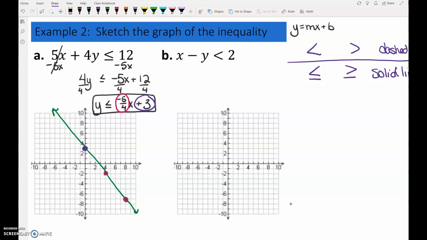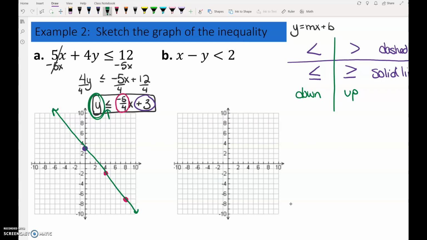Okay, now we have to talk about shading. Less than, I'm going to add this to this little chart over here. Less than, we think about shading down. Greater than, we think about shading up. This is less than. You basically want your y values here to be smaller than the line.